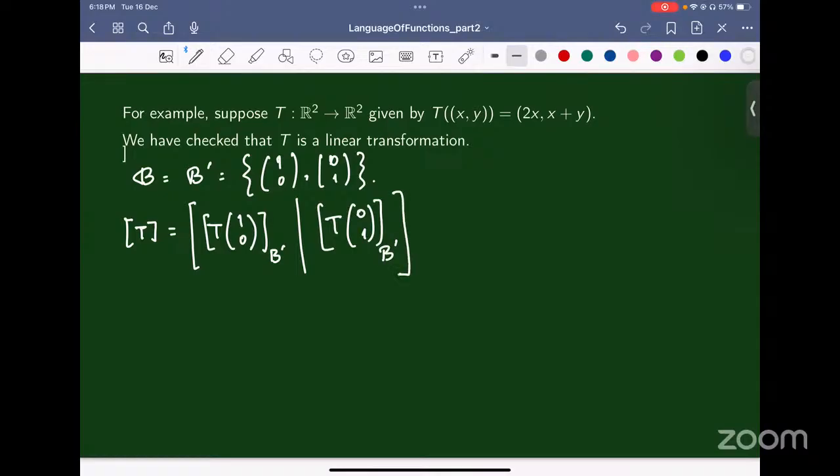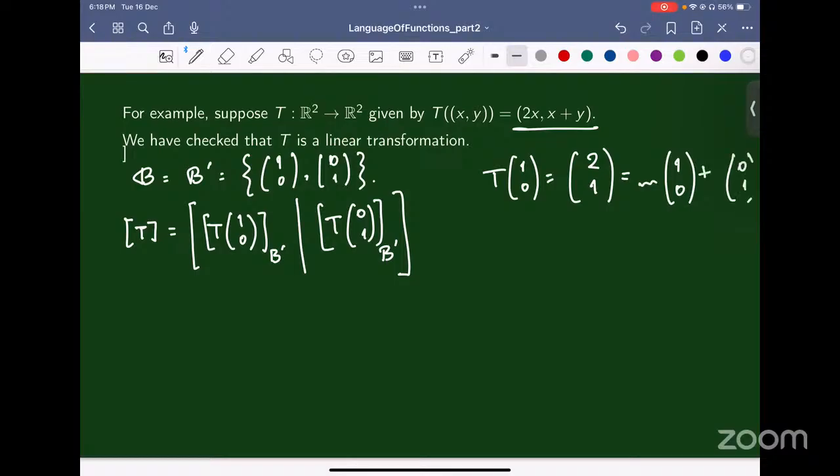So let's read what this means. T of (1, 0) is, according to the definition of T, (2, 1). And I need to express this in terms of this basis. I know what the coefficients will be, 2 and 1 respectively. It is these coefficients that make up the first column here.